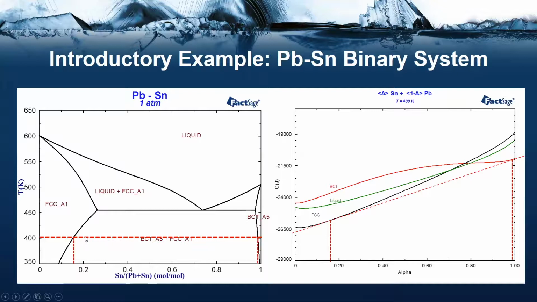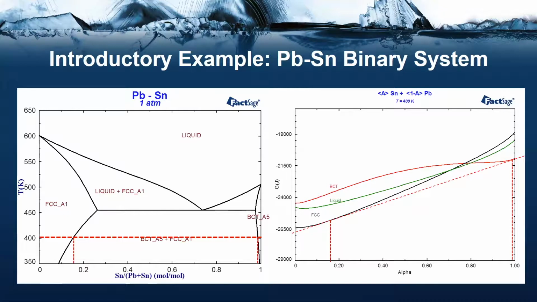And the composition of the system between these two phase boundaries is actually a combination of the FCC of composition alpha equals 0.18 and the BCT of composition alpha equals 0.98. Consider now if we do this for all temperatures between 350 up to 600. Then we would have enough information to draw these lines and therefore the whole phase diagram.